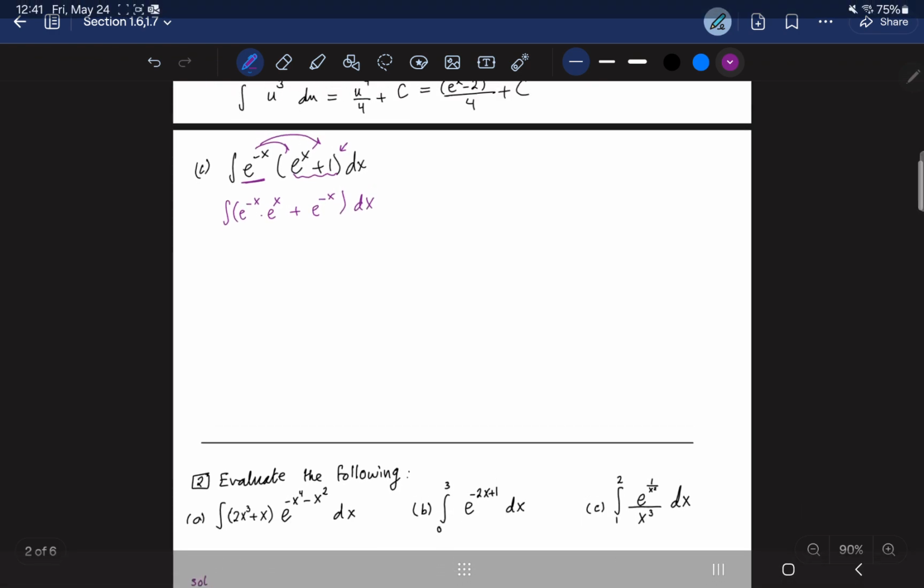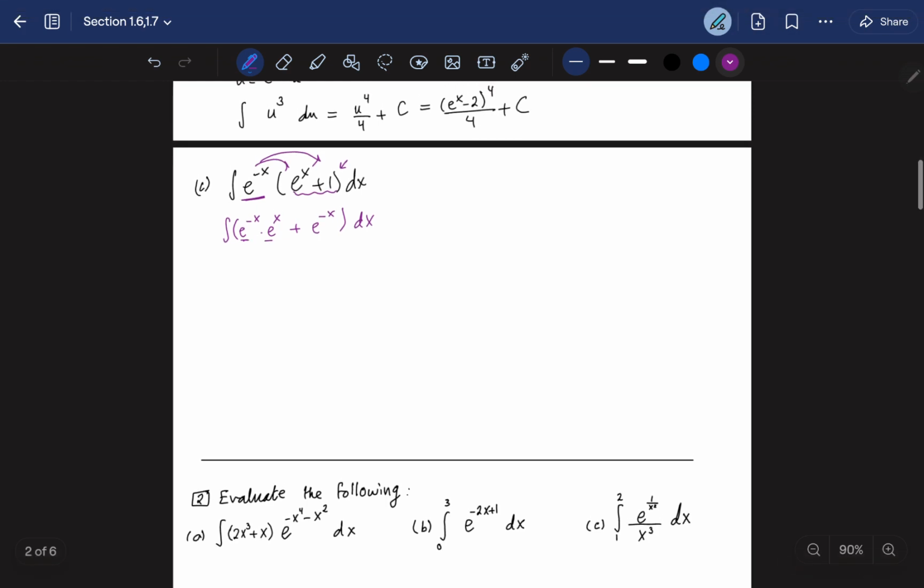And now using the properties of exponents, if I have the same base, I can just add the powers. So I'm going to get e to the 0, which is 1, plus e to the negative x dx. Using properties of integrals, I can distribute the sum here.